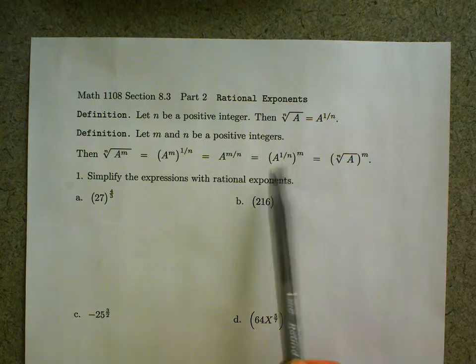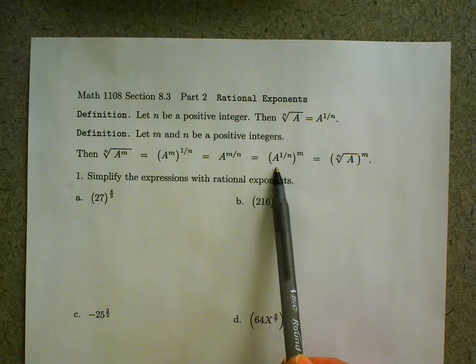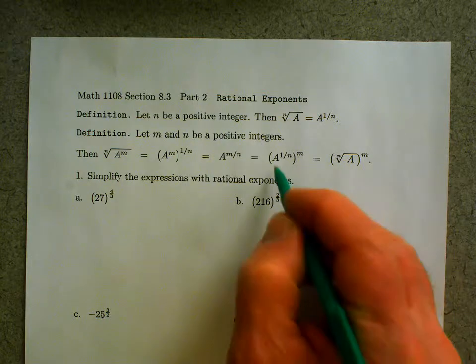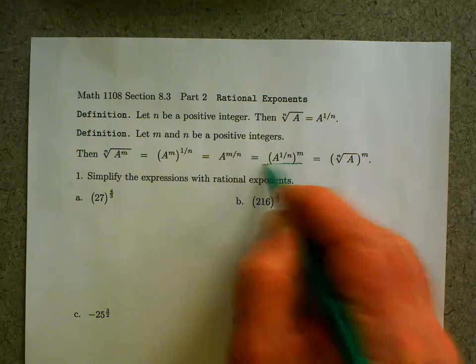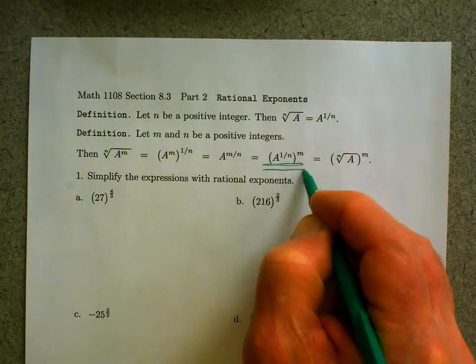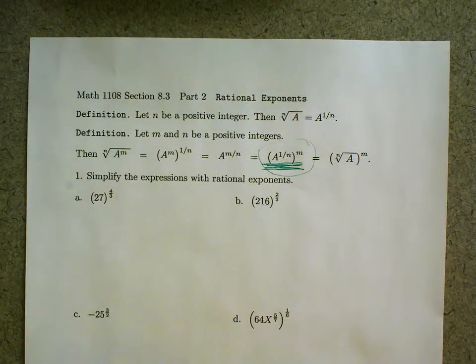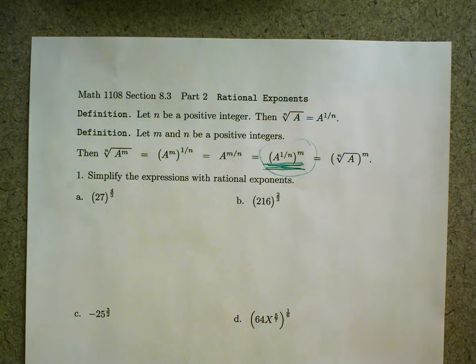Or you can write it as a to the 1 over n to the m. So this form right here, a to the 1 over n to the m, is a nice form when simplifying expressions like we will see in a minute.